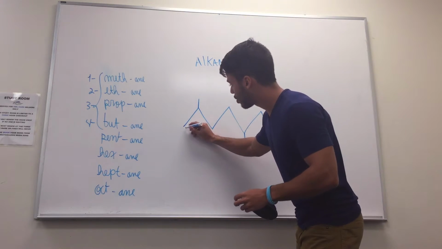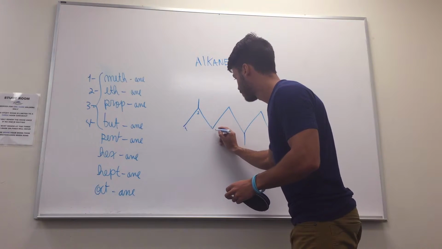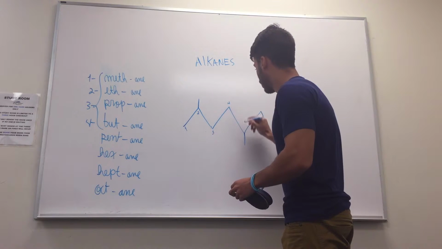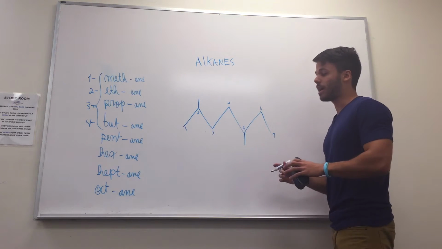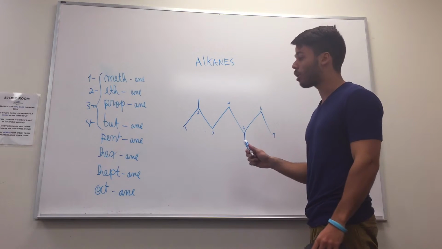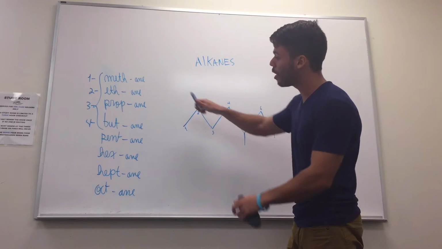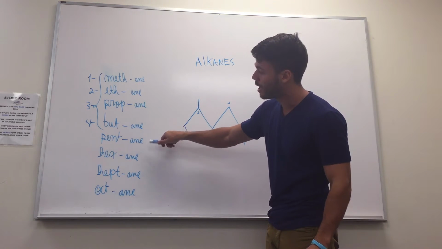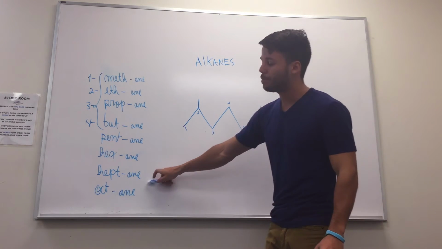All right, so let's start assigning numbers to these carbons. 1, 2, 3, 4, 5, 6, and 7. Okay, so our parental chain has 7 carbons, and so which one of these names here corresponds to a 7 carbon chain? Heptane, right?